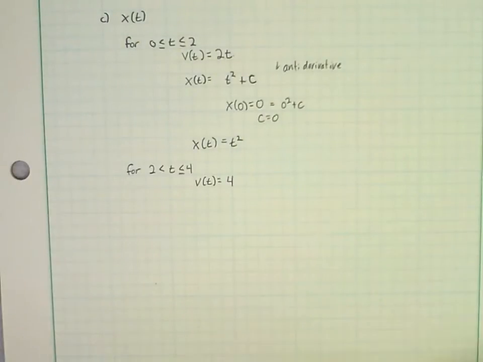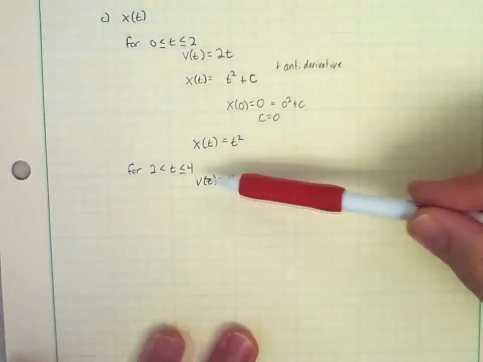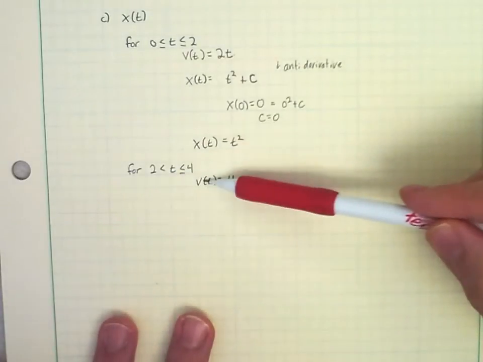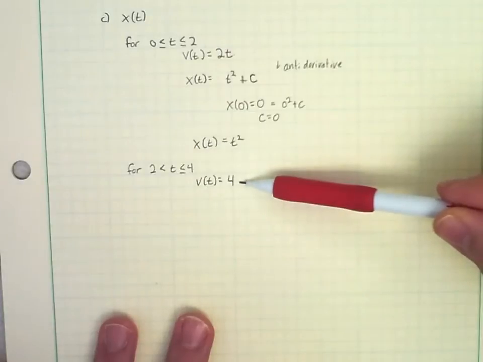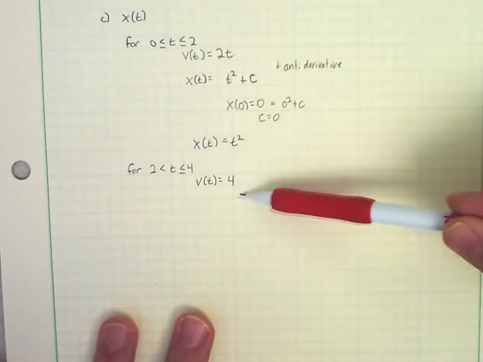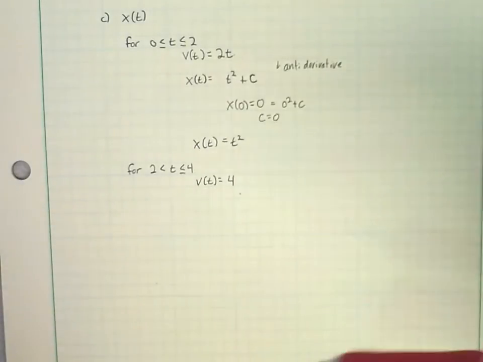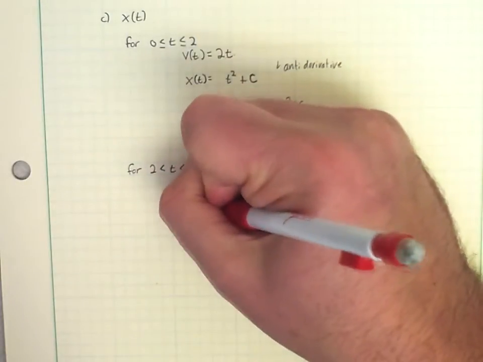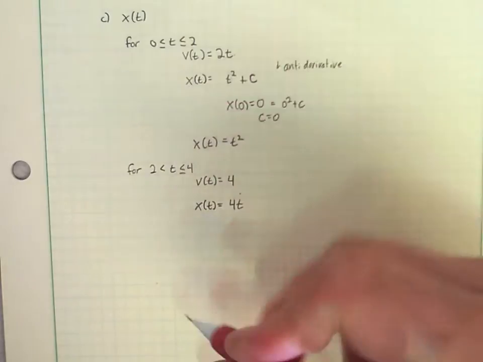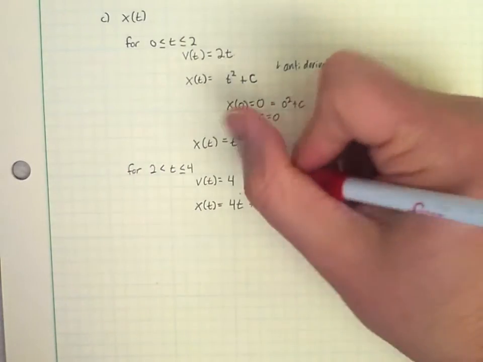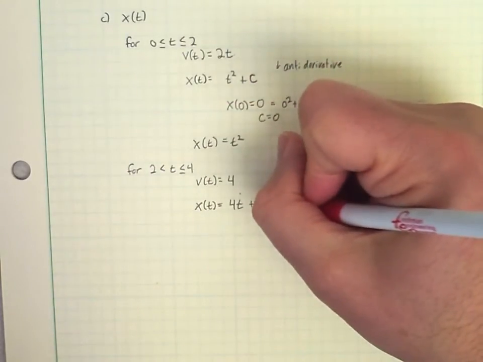Thinking about the second segment, from 2 to 4, we know the velocity was just a constant function, 4. So if we wanted to take an antiderivative of 4, then we know that x of t is going to be 4t plus another constant value.